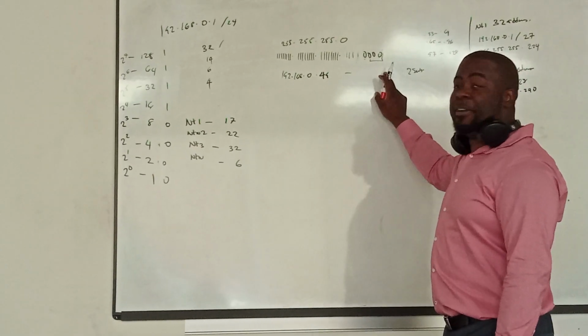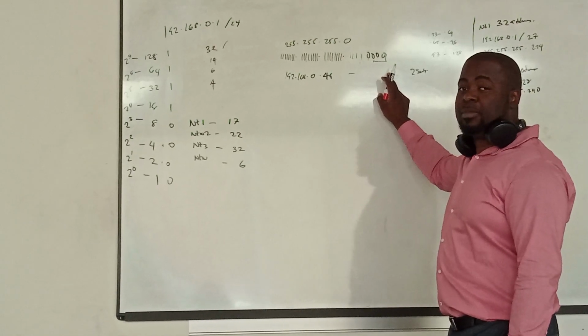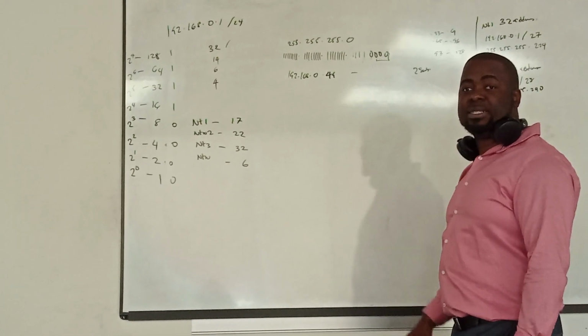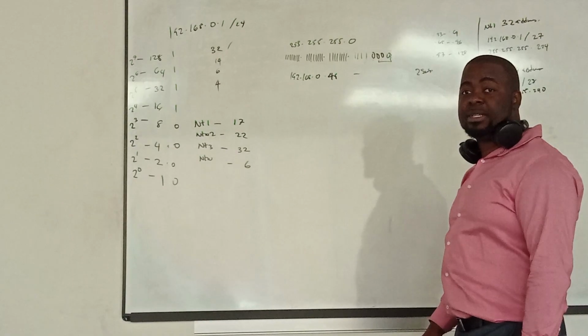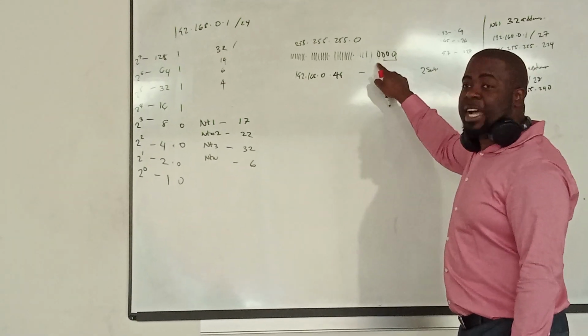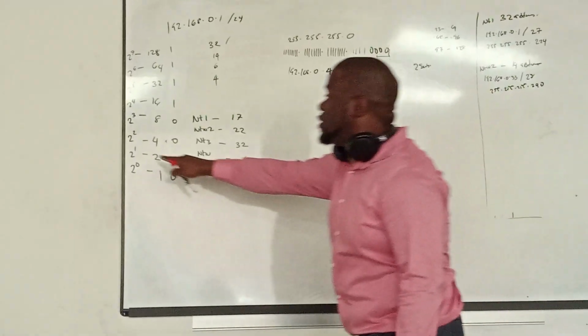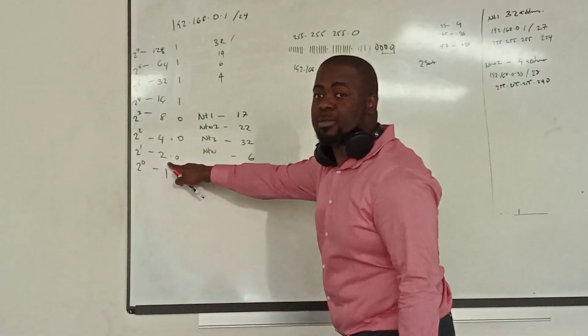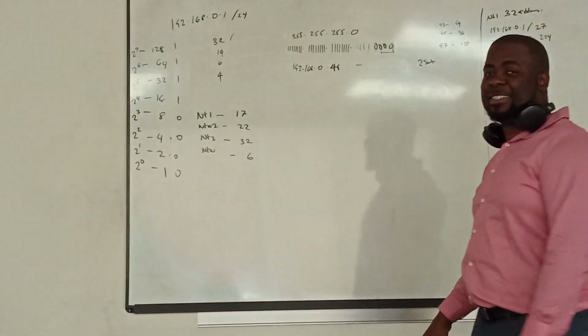What's our magic number here? 8. How do we know how many subnets we can create? How many bits are you borrowing to the network? 1. 2 to the power of 1 is what? 2.